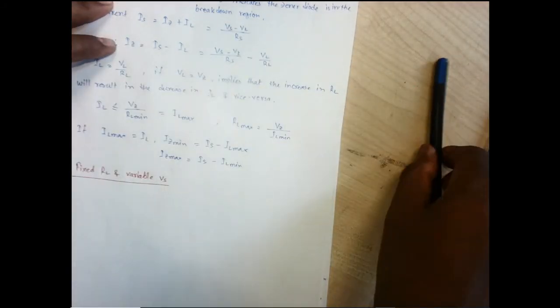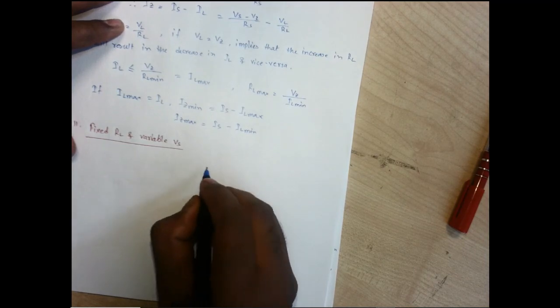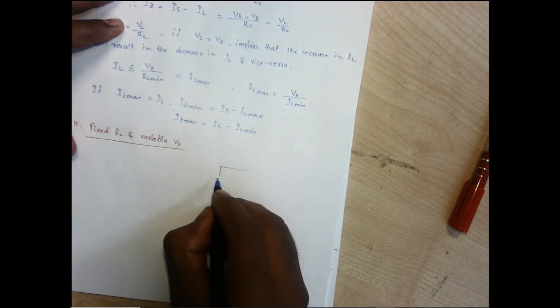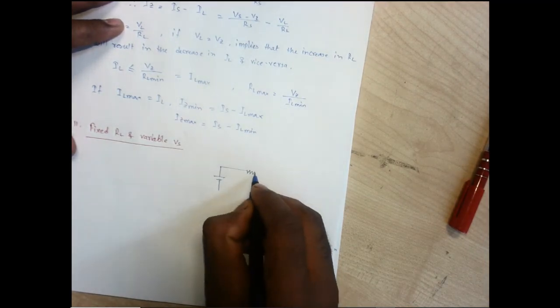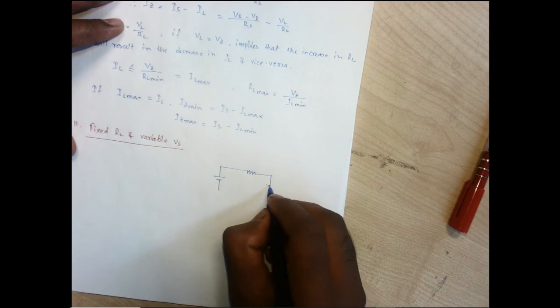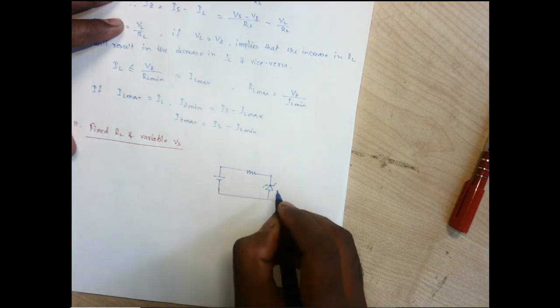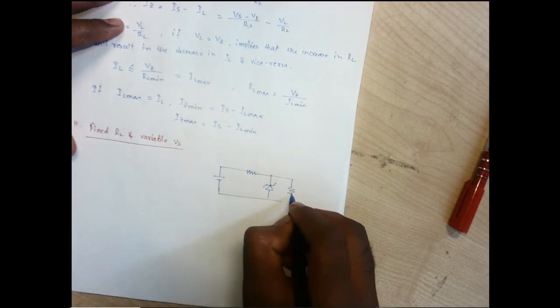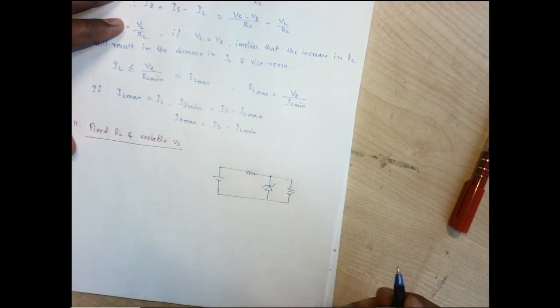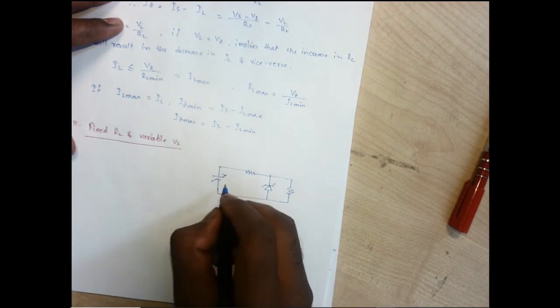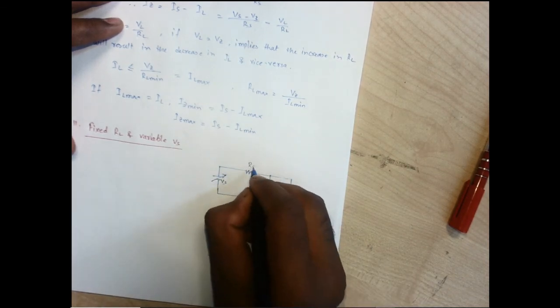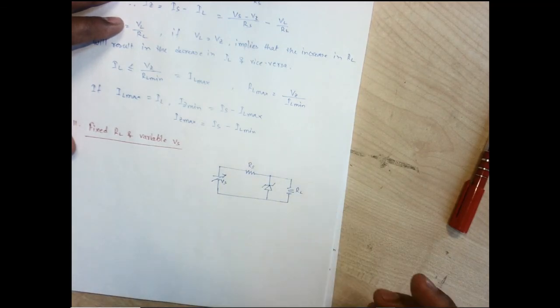So what does it mean? Source is varying means our Is is varying. This Vs is varying, and this is Rs.